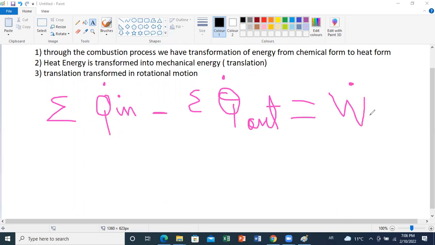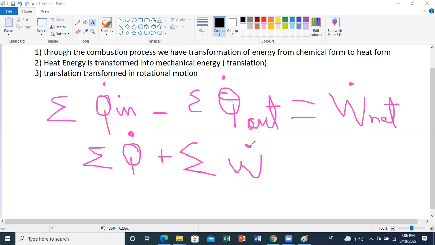Now please, I also talked in this chapter about sign convention. Please pay attention to sign convention. This means that you have several conventions for the signs. In some books, they write the first law in the following way: sum of Q dot plus sum of W dot should be equal to 0.